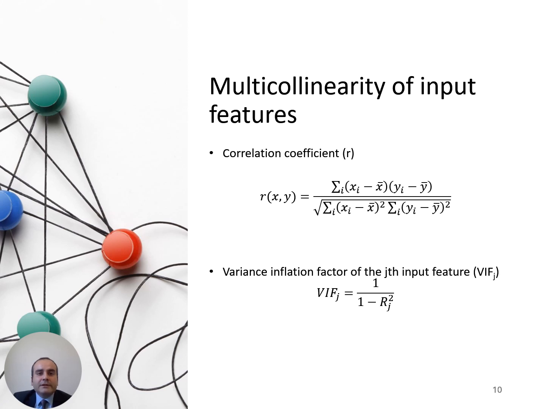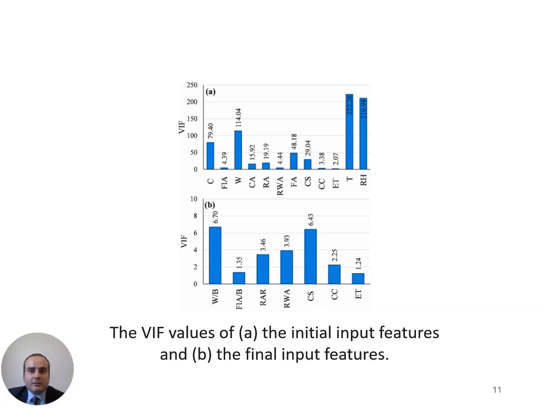The multicollinearity of input features is an important concept that can decrease the interpretation power of the developed machine learning model. To find highly correlated input features, the correlation coefficient and variance inflation factor, or VIF, of each input feature are usually used to check the multicollinearity of input features in regression problems.